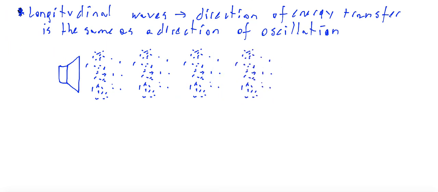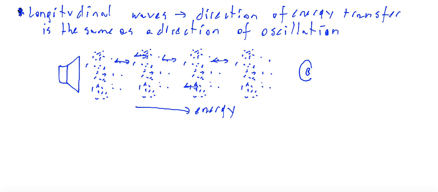You see this? And these regions travel from left to right. Let's imagine that this is a receiver, an ear, and here we have a loudspeaker, something which emits sounds. So what happens? Energy is transferred from the loudspeaker to the ear, and particles vibrate left and right in the same direction as the direction of energy transfer.